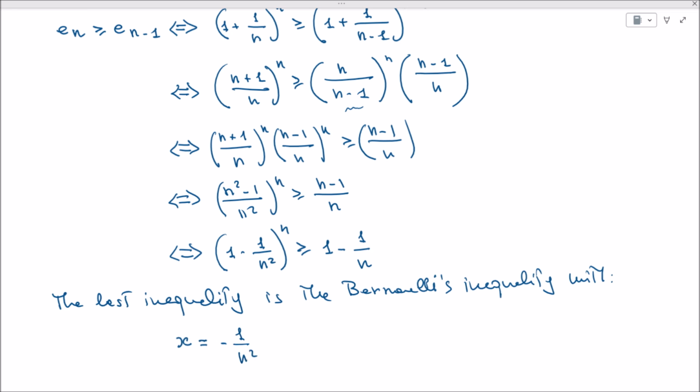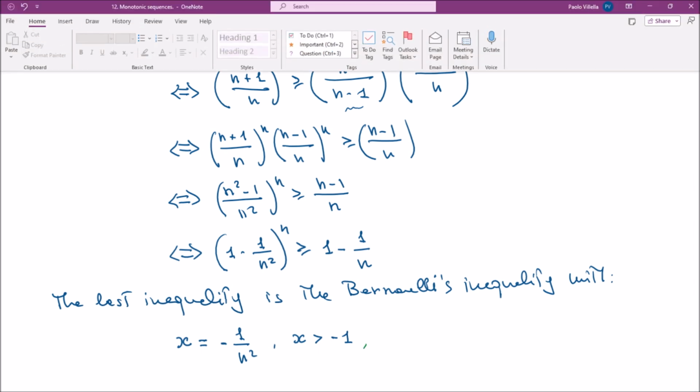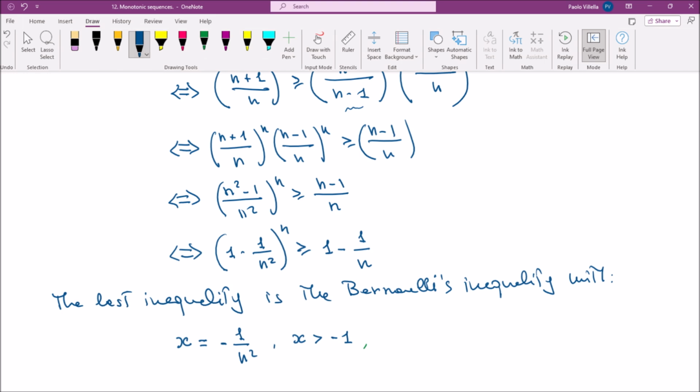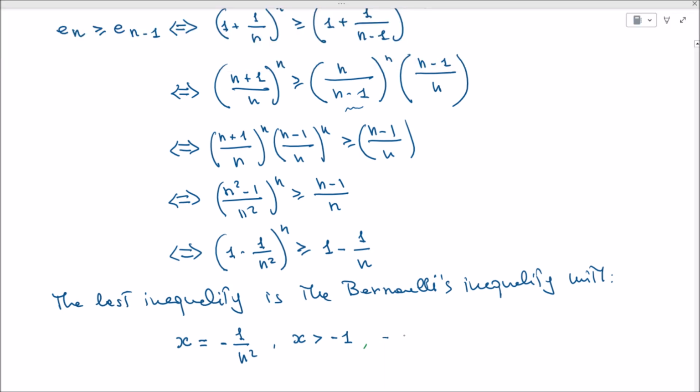And we need to verify that this x is indeed larger than minus 1. But this is just like saying that minus 1 over n squared is larger than minus 1.